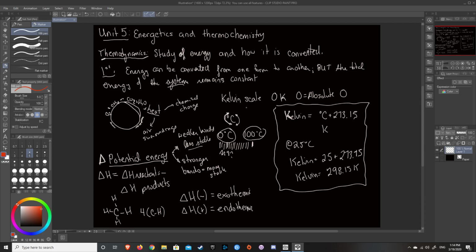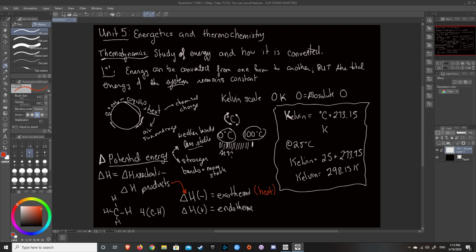Let me just change the color a little bit. Weaker bonds means less stable, and stronger bonds means more stable. So if your reactants are less stable than your products, all the extra energy gets converted, it's exothermic, into heat energy.